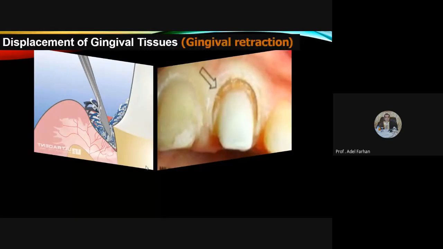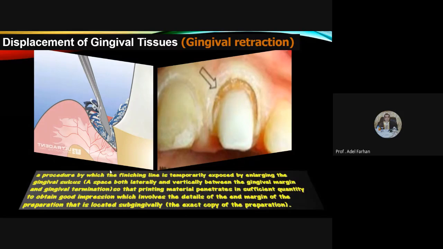Gingival retraction, as you know, is the process of expansion of the gingival sulcus. Sometimes the margin of the preparation is below the gingiva and we need to take an impression. The impression material will reach the surface only if it is not covered. But when the margin is covered by the gingiva, definitely the impression cannot record the area of the margin of the preparation.